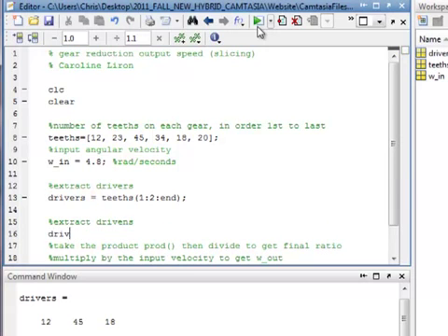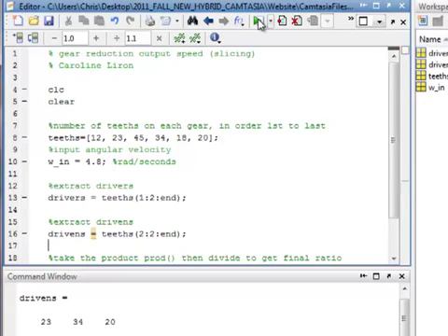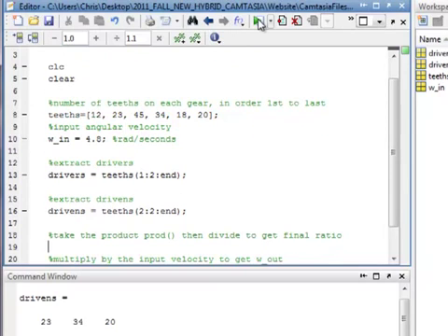The drivens are very similar. It's still the teeth, but I'm now going from number 2 to the end, also by increments of 2. Let's test quickly. So the drivens are 23, 34, and 20. Good as well. So I can put a semicolon as soon as I know it works. Take the product, then divide to get the final ratio.